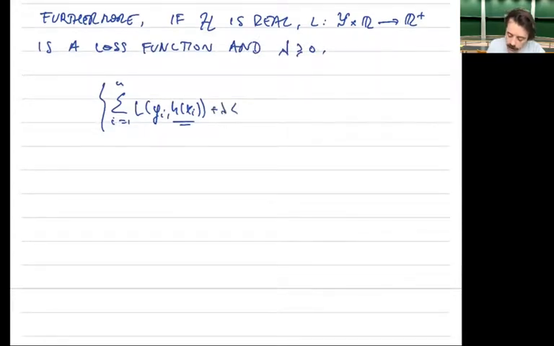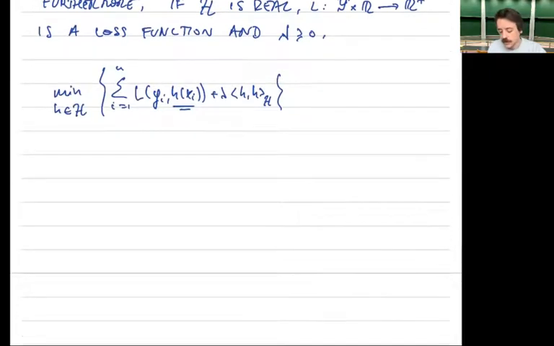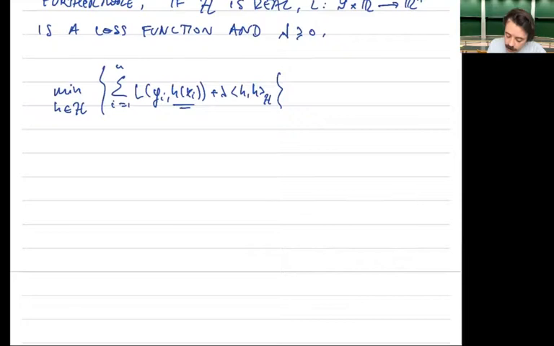Then we take this, which in the cases that we've been seeing would correspond to the ridge penalization term, the L2 term. If we wish to minimize this over all of the elements in the Hilbert space, so we wish to find the best feature map, then it turns out that this is the same as minimizing over R^n the quantity given by this here.